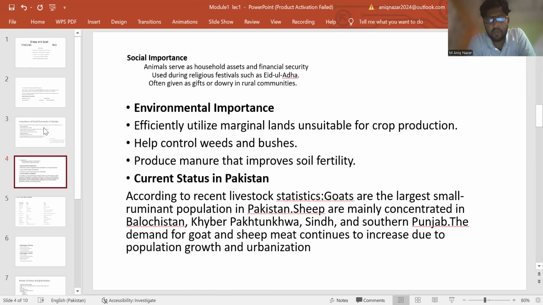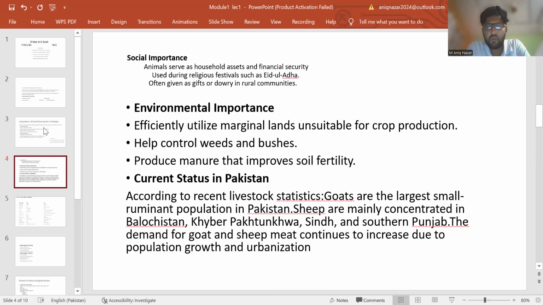On open land they move without any restrictions in the agricultural field and eat weeds and bushes. In this way they clear them from the field and also reduce the need for pesticides within the field.